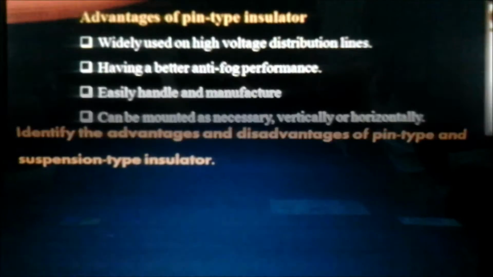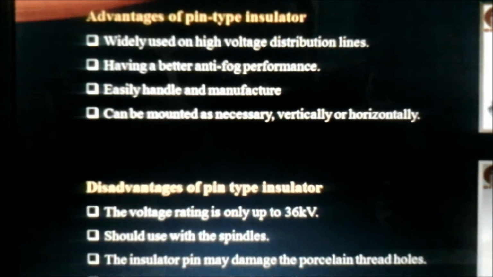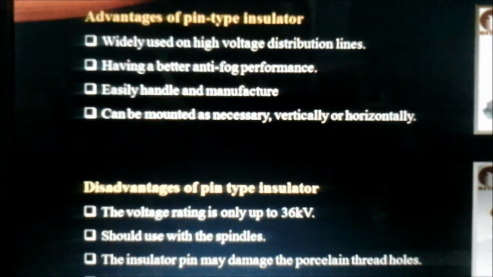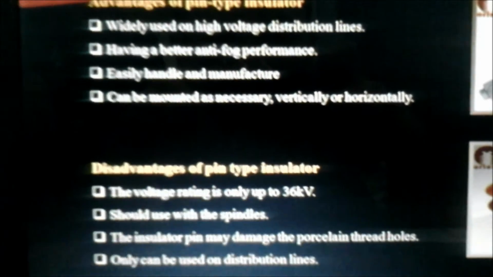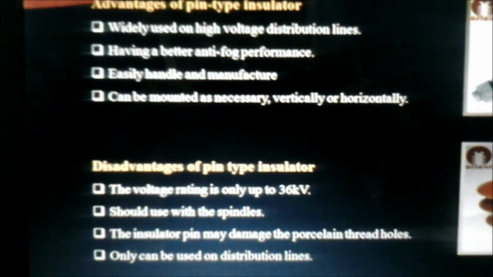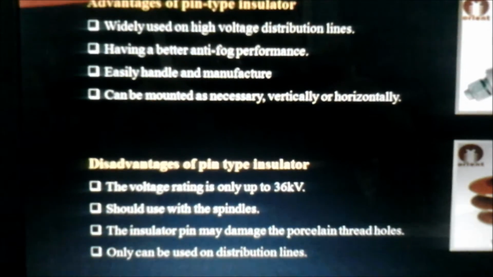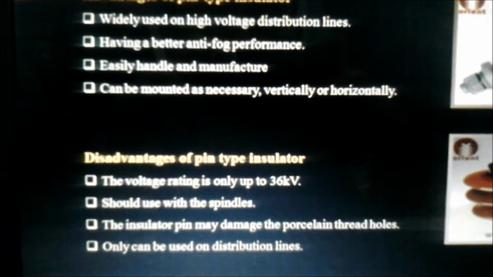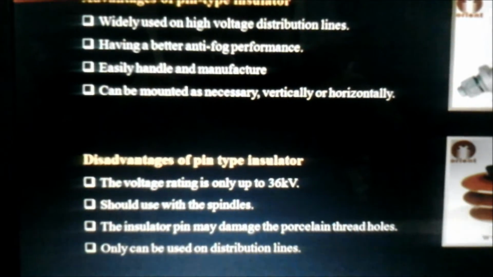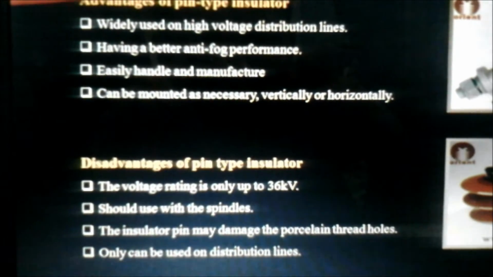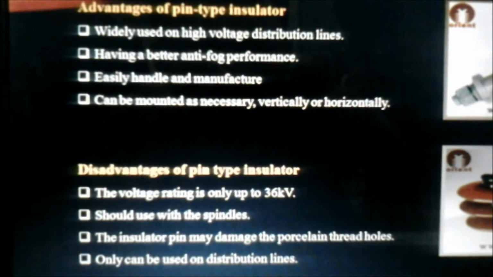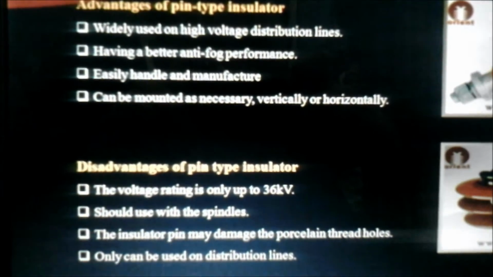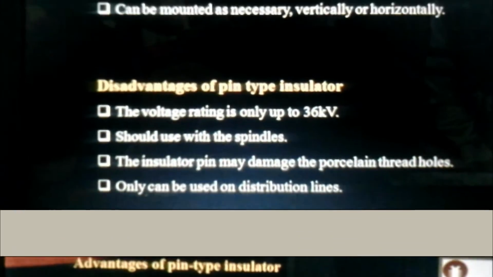Next, I will explain the advantages and disadvantages of pin-type and suspension-type insulators. First, the advantages of the pin-type insulator: it is widely used on high voltage distribution lines, has better anti-fog performance, is easily handled and manufactured, and can be mounted vertically or horizontally as necessary.